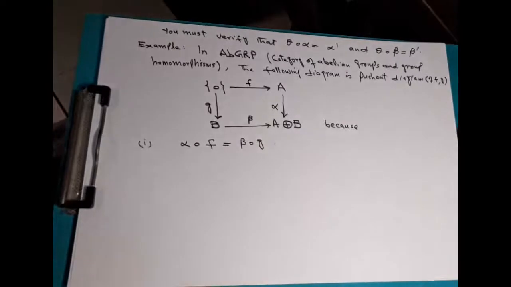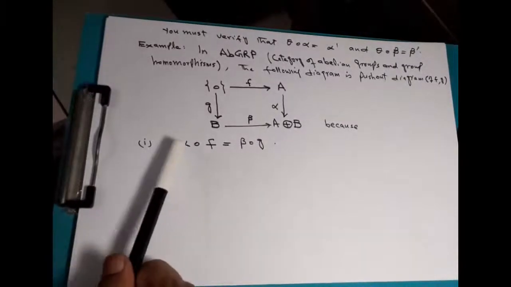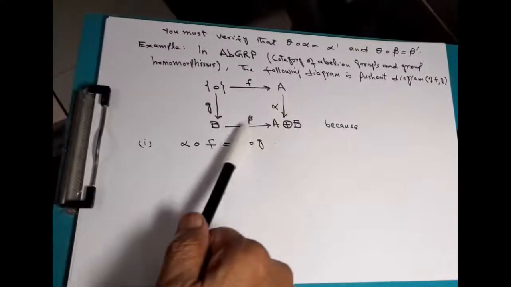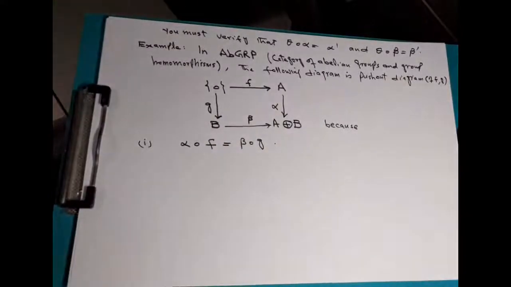It is very easy to see, and you must work it out, that alpha composed with F is the same thing as beta composed with G. Very simple thing, but it is an exercise for you.